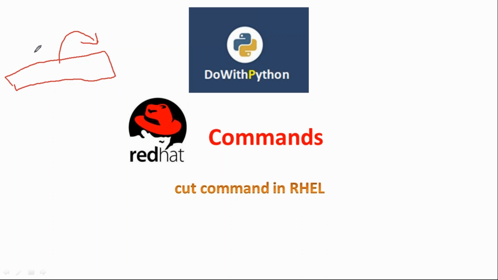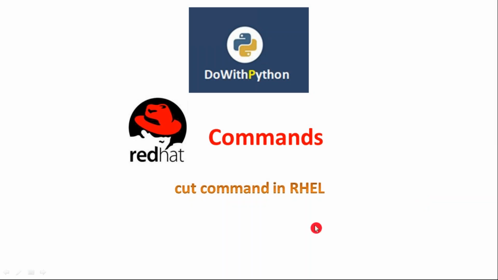Those options will help us take some part of this text, or some range of this text, or either this part and this part, multiple parts, or multiple ranges of parts. You can get it using the cut command. So basically, the cut command is used to slice the text data. Slicing is nothing but getting the parts, slices, pieces, right?